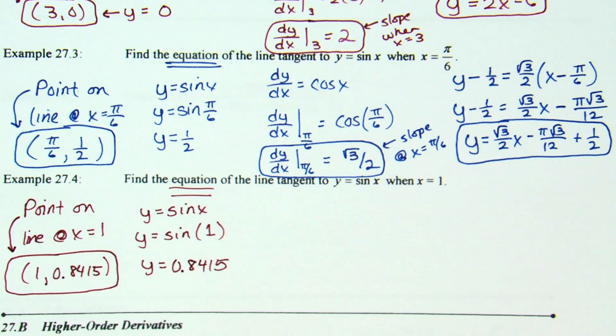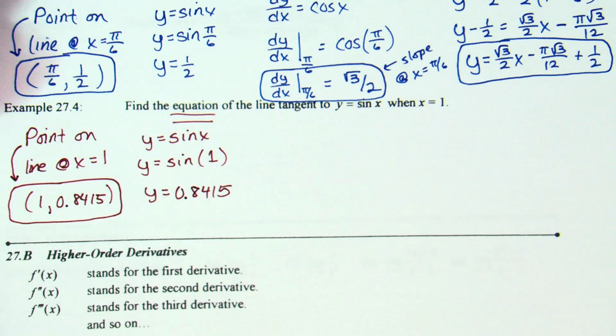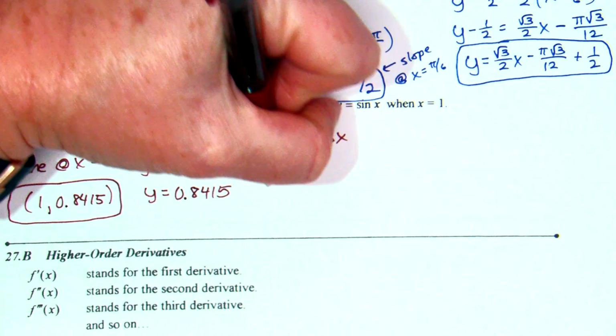I also need to do my slope. So, if y equals sine x, what is dy dx? Derivative of sine x is cosine x. And then we need to do the derivative evaluated at 1, which means I'm doing cosine of 1.